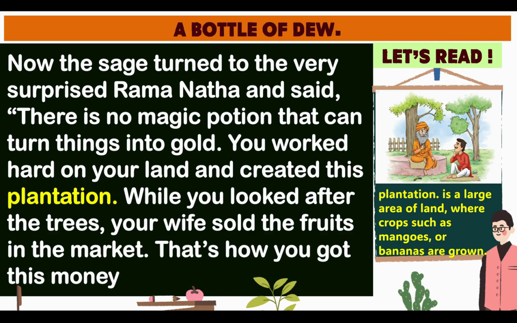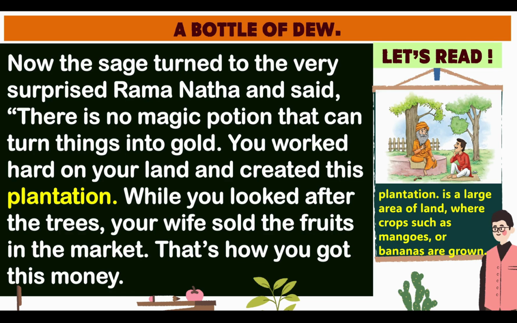That's how you got this money." Now see, children, how nicely the sage told about the magic potion, and now he could understand what made him bring all this money.